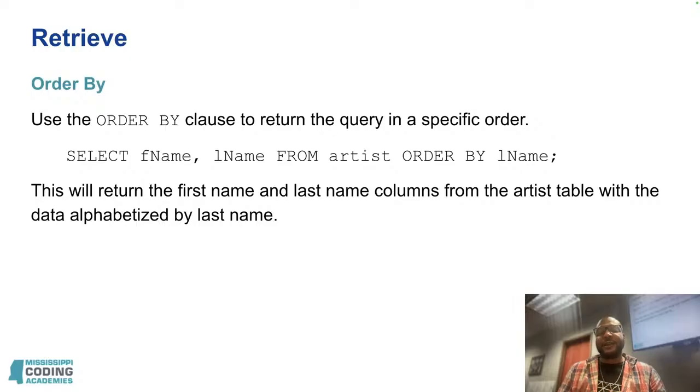Practice retrieving data by select, from, where, and then like. See if you can get the results that you want from that. And then when we get back, we'll talk some more about order by. I don't think we're going to do any grouping, but we'll definitely do some order by in the next video. All right.